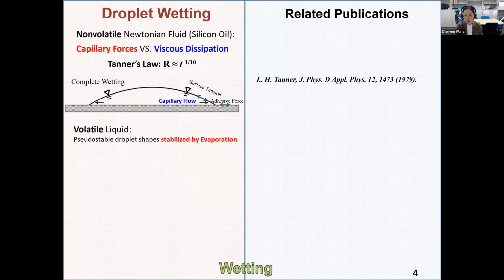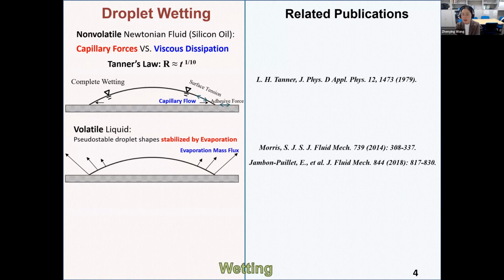Because of the evaporation effect, that is, because of the preferential evaporation, especially near the contact line, we can see that even a droplet that is initially calculated as complete wetting based on the Young's equation can sometimes exhibit a pseudo-stable droplet shape with a finite contact angle. This is pointed out in these different publications.